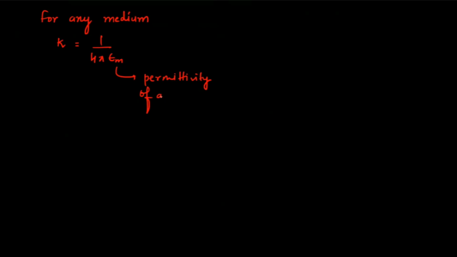For any other medium, epsilon naught is replaced by epsilon m. So K will change to 1 over 4 pi epsilon m, where epsilon m represents the permittivity of a given medium. In most problems, we don't actually have this value. Instead, we have another value called the dielectric constant, represented by this symbol. What is this dielectric constant?